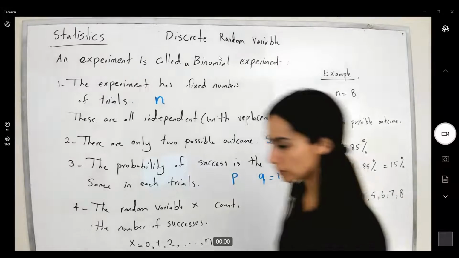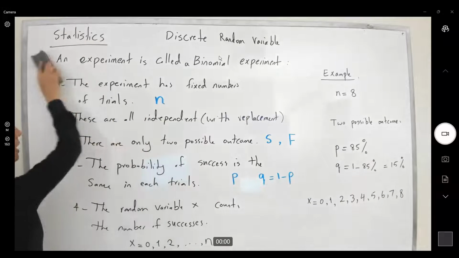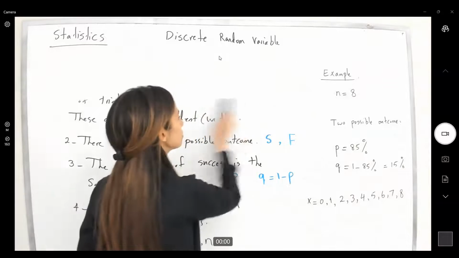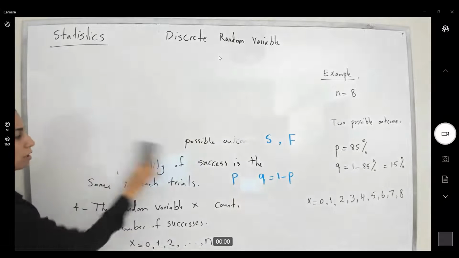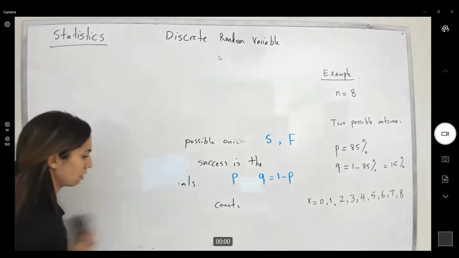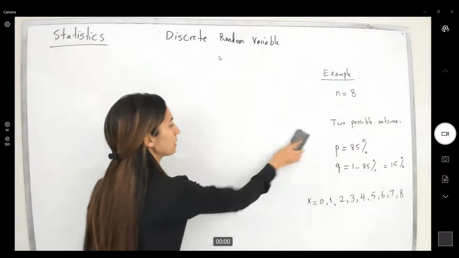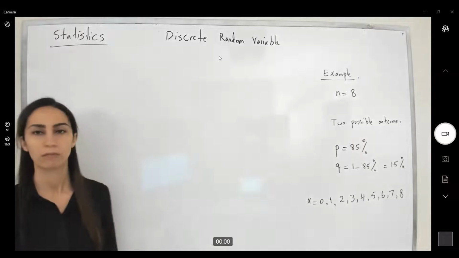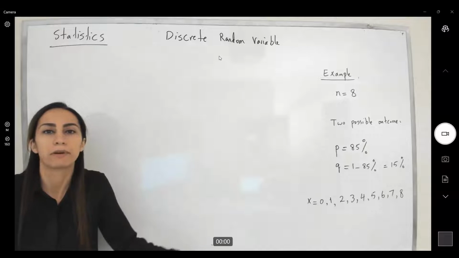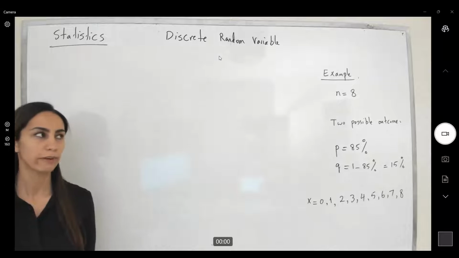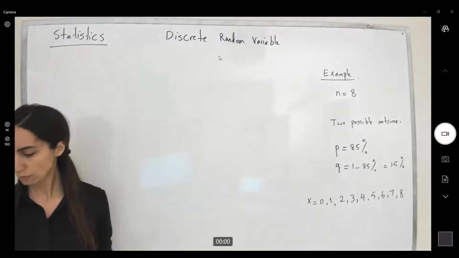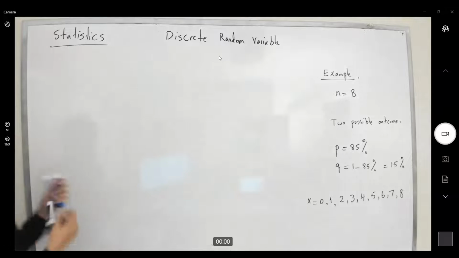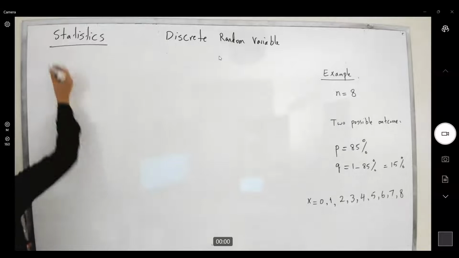Well, so in this example, remember that we understood that we have a binomial experiment, right? As a statistician, you should be asking, well, how do I calculate the probability of, for example, x equals 4? These are the questions that you should be asking.